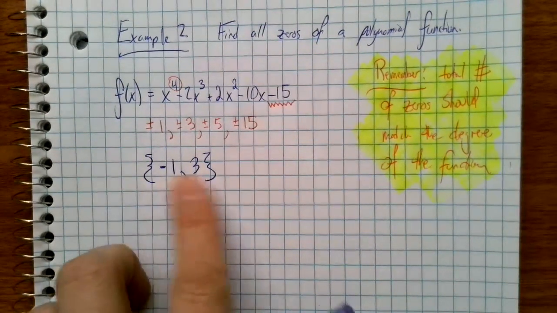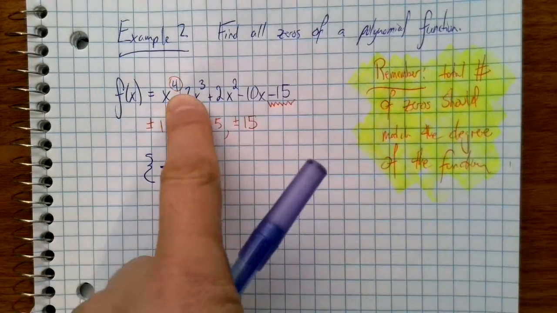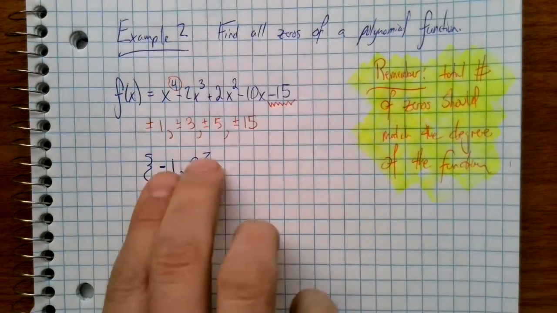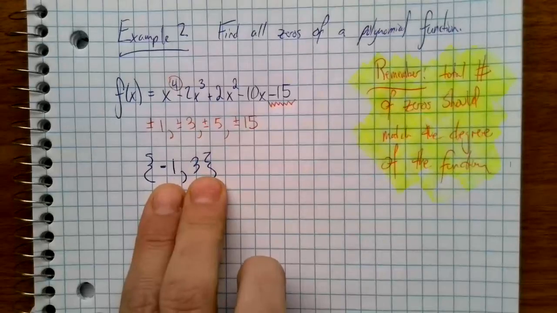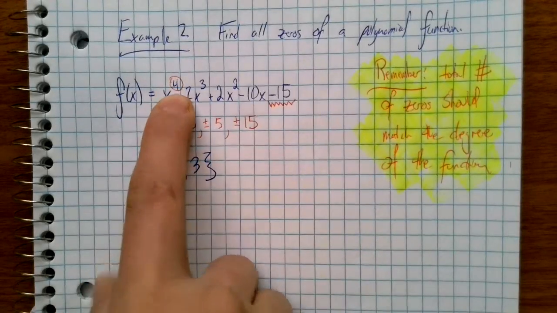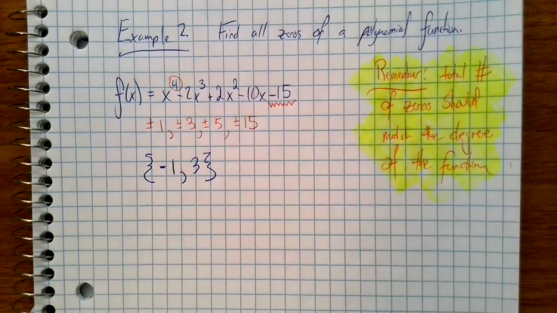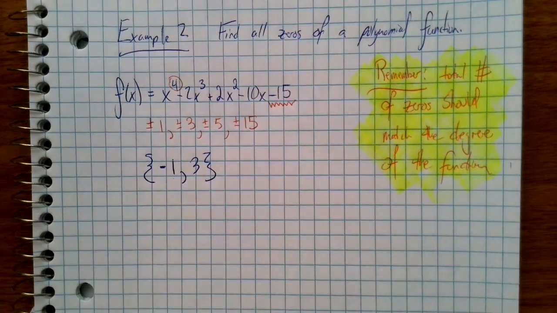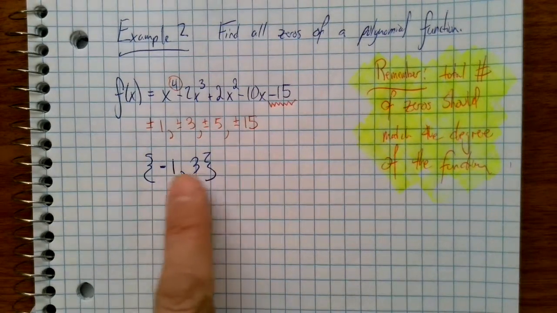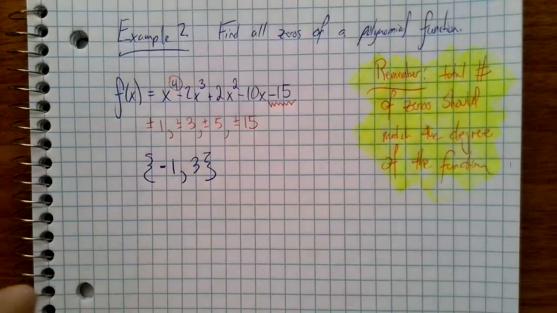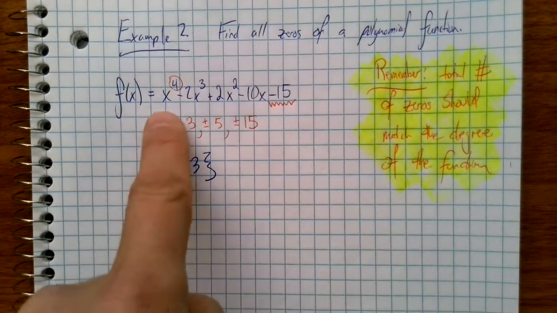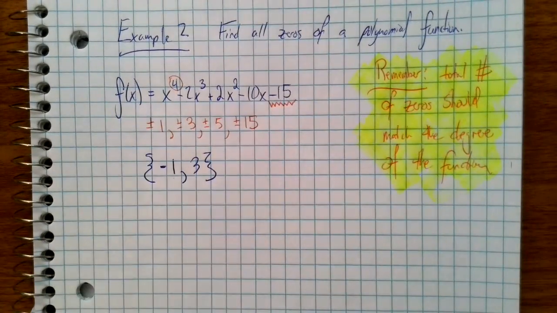Now, we only have 2 zeros here, and we should have a total of 4. So because we have fewer zeros than the function should produce, we are going to now need to use these zeros in synthetic division with this function.